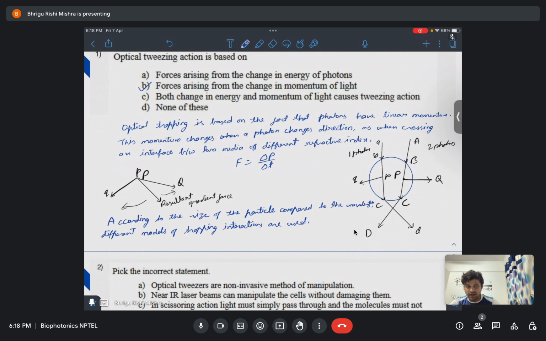And for radius greater than lambda, which is the case here we are discussing, which is the case for biological cells, you need to use ray optics.